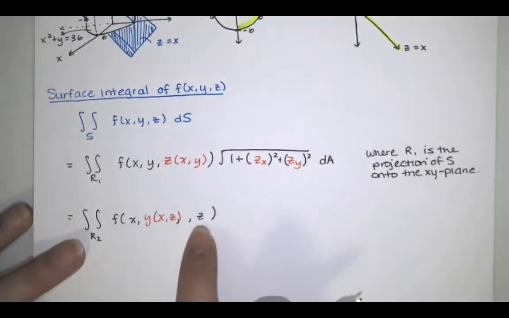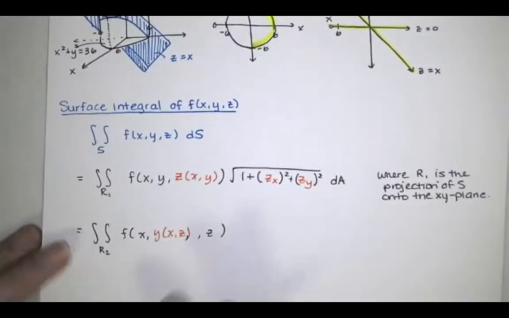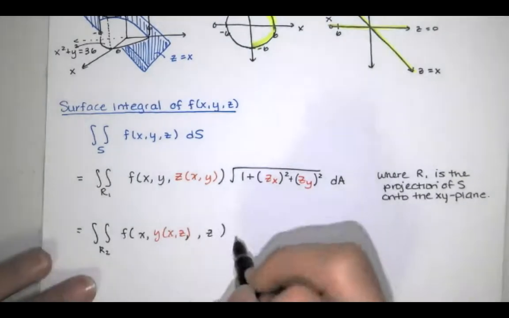We're accustomed to thinking of the z-axis as pointing straight up, but we could easily relabel all the variables and it would just orient the surface differently. So we could write our function or integrand in terms of x and z only by leaving x as x, leaving z as z, and replacing y with a function of x and z.